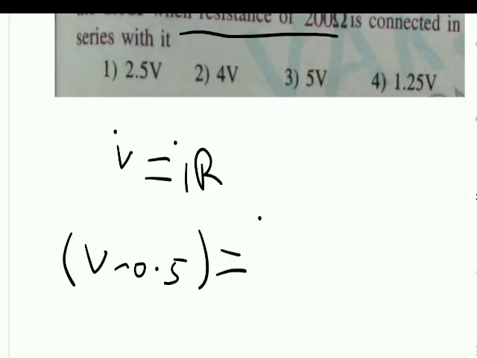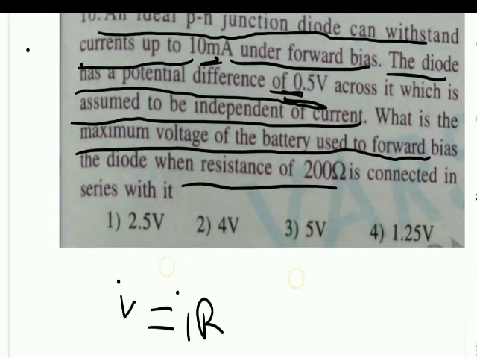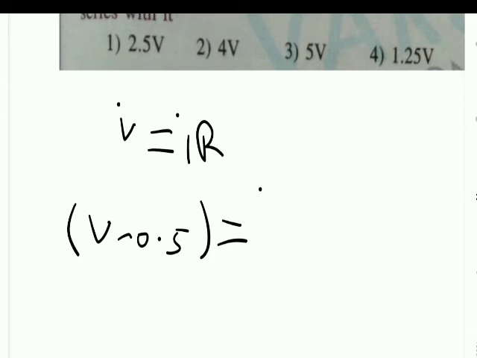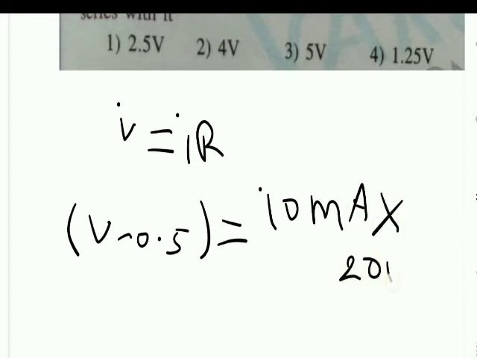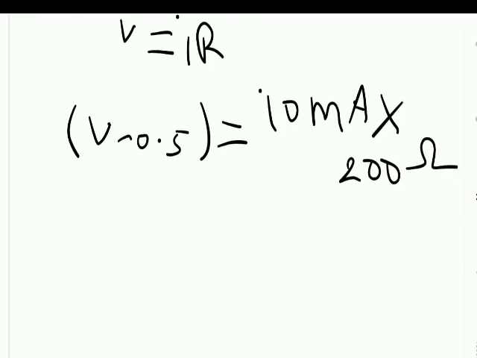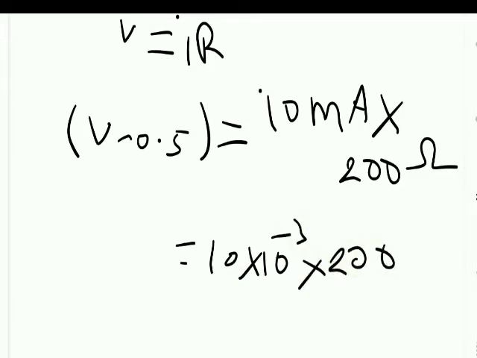So I is equal to 10 milliamps, resistor 200 ohms. 10 milliamps into 200 ohms. So here milliamps converted into amps: 10 into 10 to the power of minus 3 into 200.